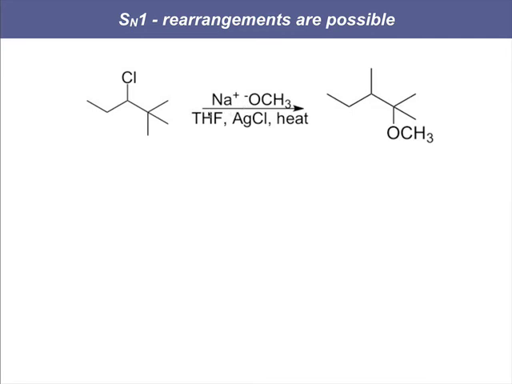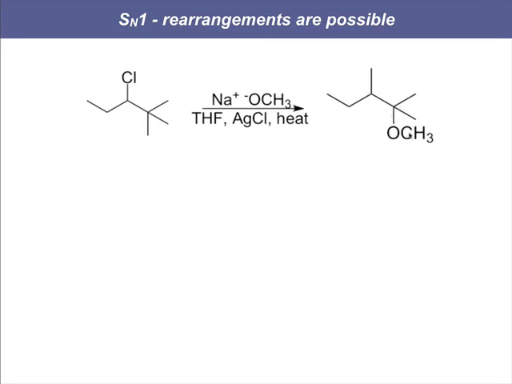We're using a polar aprotic solvent, also good for both of them. But we're also including ionizing agents, silver chloride and heat. So these reagents are going to tip the scale in favor of the SN1 mechanism. Let's look at the product. This is very interesting. What's wrong with our product?